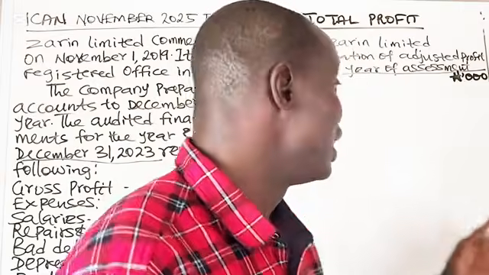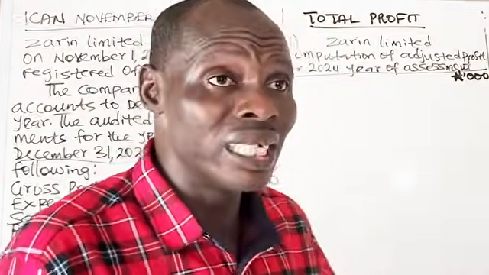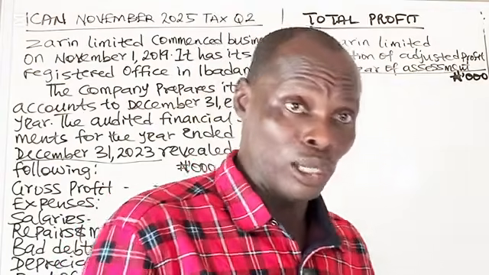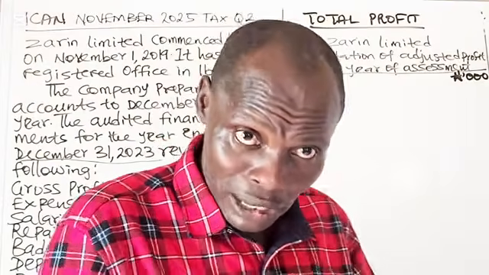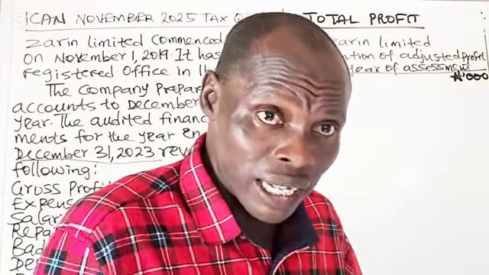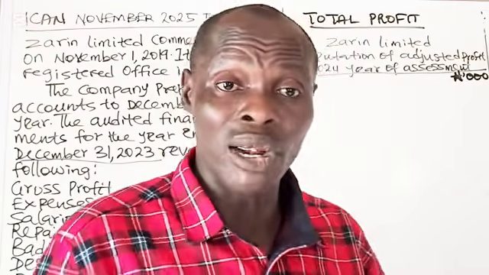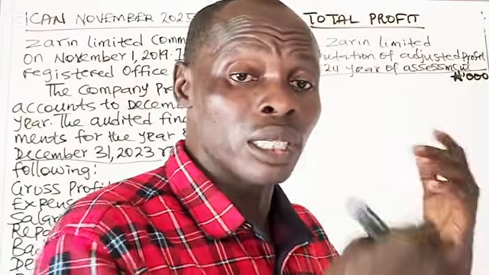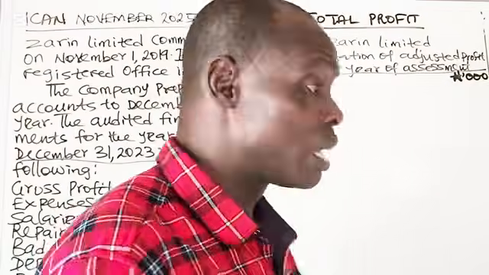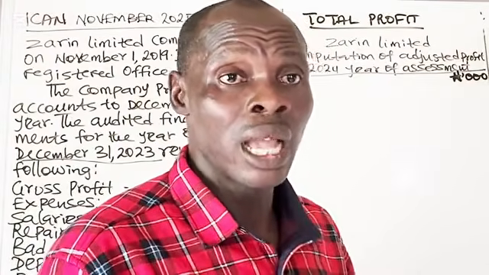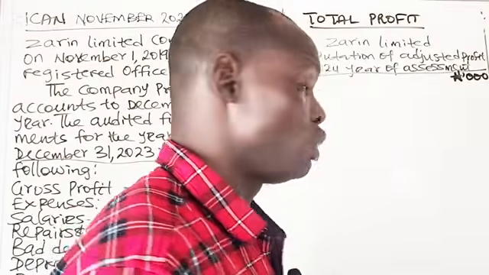In fact, the major changes we have do not impact my existing videos. So adjusted profit, the principle is still the same. The non-allowable expenses remain as it was in that video. So it means the videos I have on adjusted profit on commencement, on change in accounting date, on cessation, even the capital allowance computation, all the videos I have on my YouTube channel are current. So you can use them.